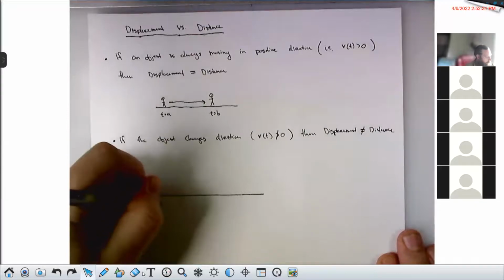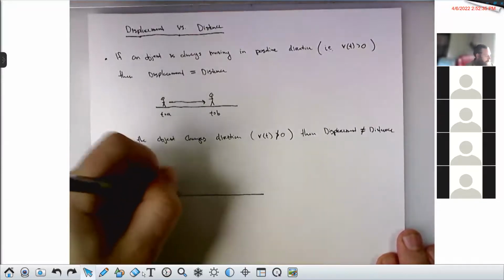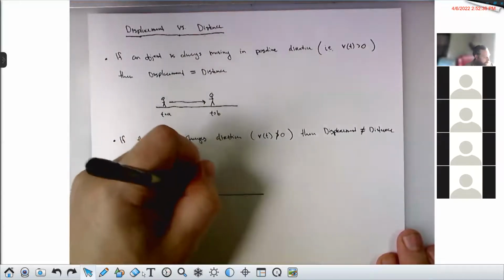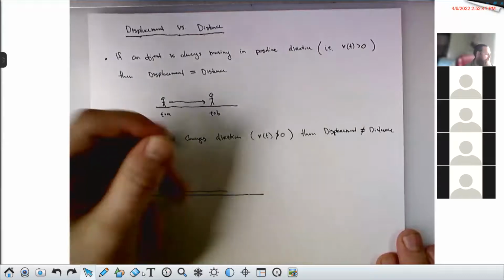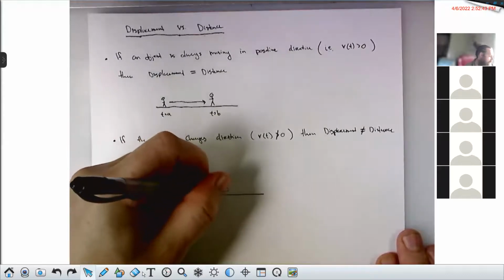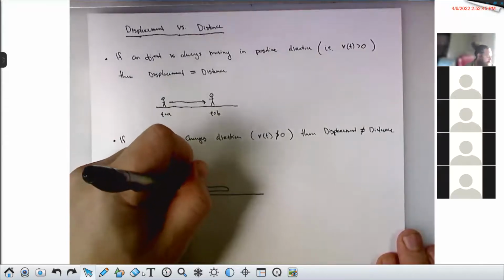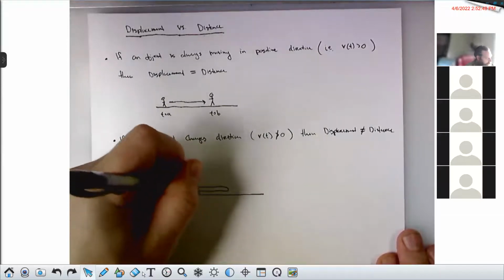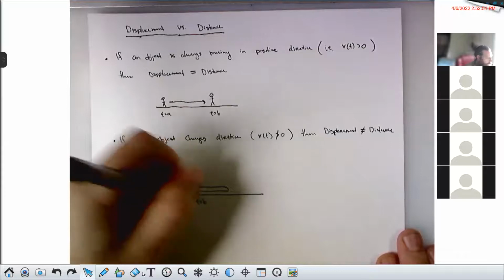So maybe I start over here at time t equals a, and walking in the positive direction for a long time. But then I turn around and I come back this way for a little bit. And I'm here at time t equals b.